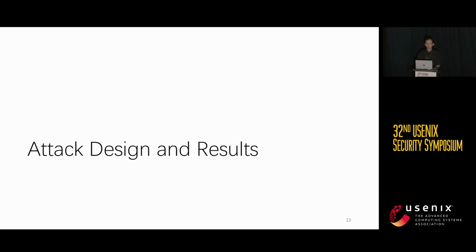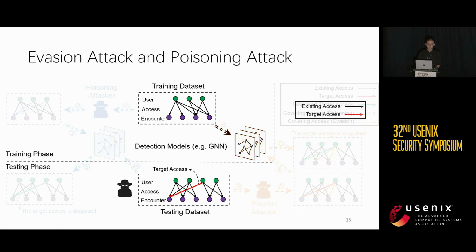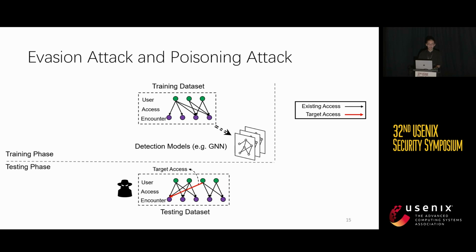So next, we will introduce how we design our attacks under different settings and their attack performance. In our work, we consider two types of attacks, as shown here: the evasion and poisoning attack. This is the overall pipeline, and we are going to break it down in detail. As we discussed before, there will be some detection models here, like graph neural networks. The model is trained with some training dataset during the training phase.